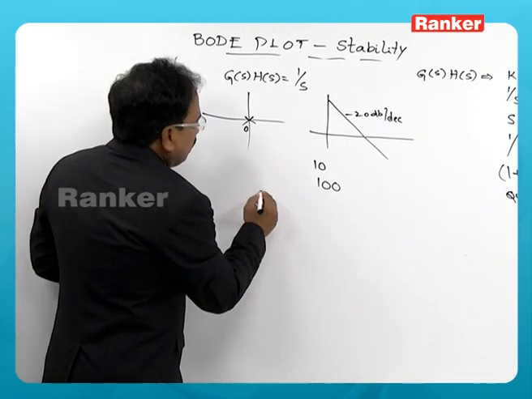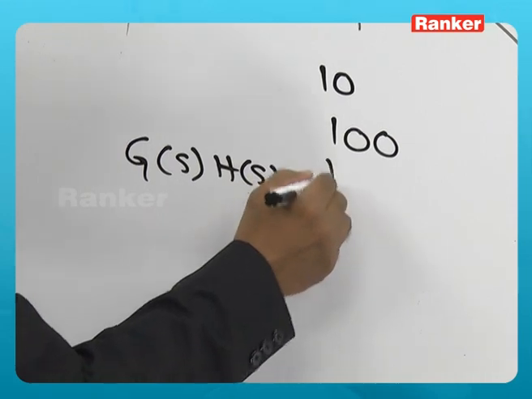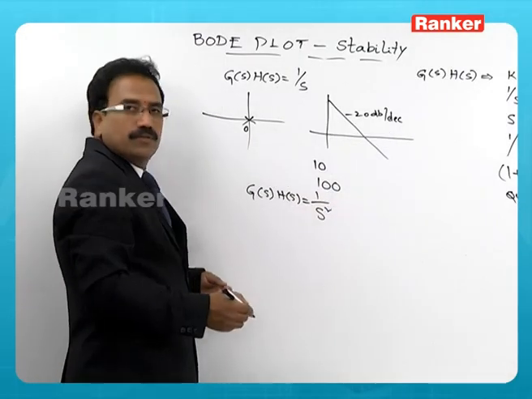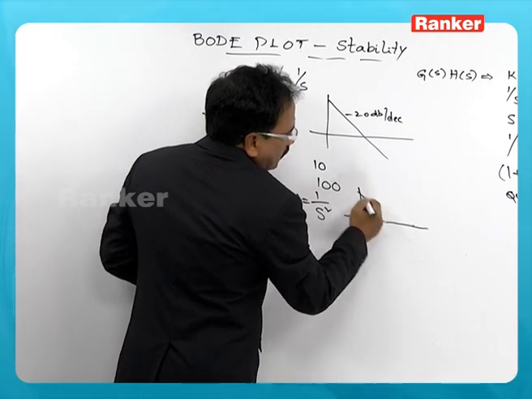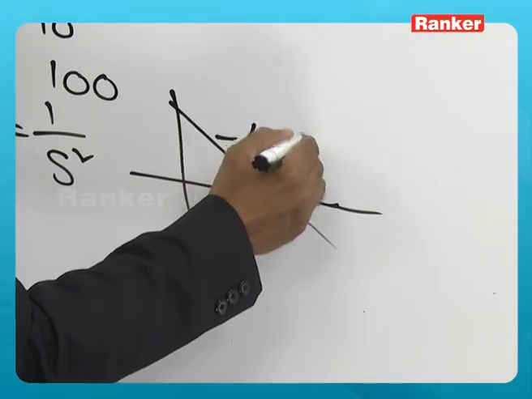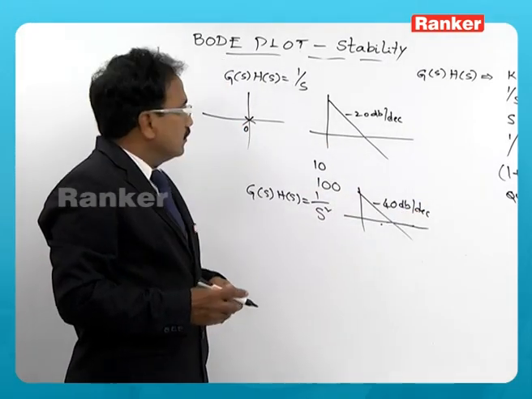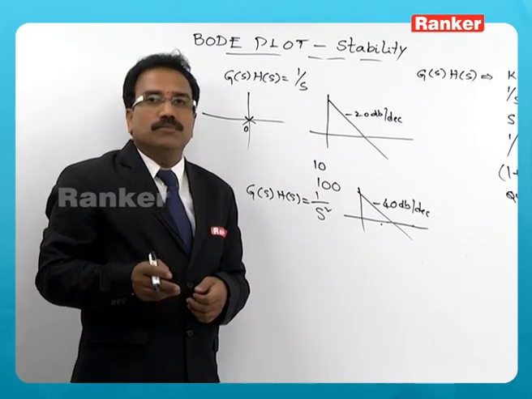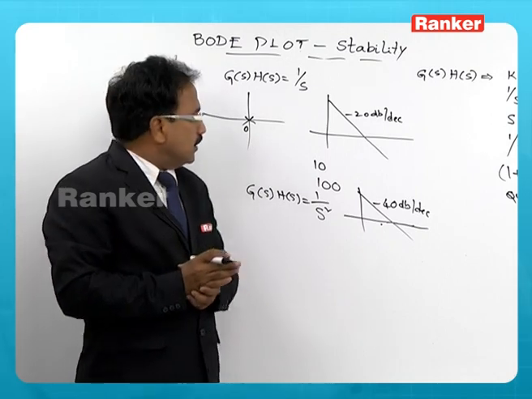Similarly, if the given function is 1 by s square, then the magnitude plot will have a slope of minus 40 dB per decade. So, slope changes at minus 40 dB for every 10 times the frequency changes.